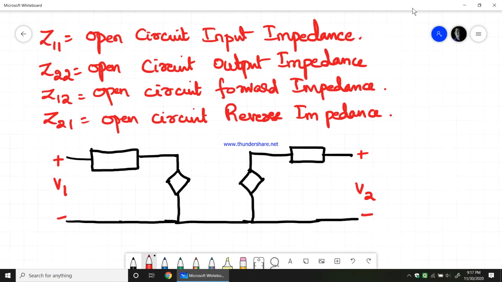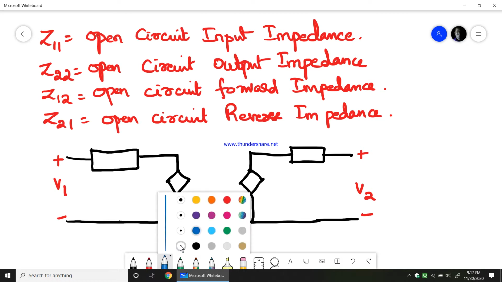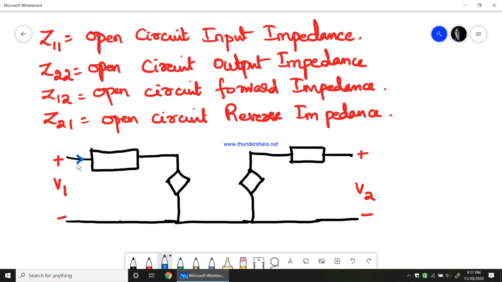We know the current is I1 and this is I2. So if you write the KVL for this loop, V1 equals Z11 I1 plus Z12 I2.